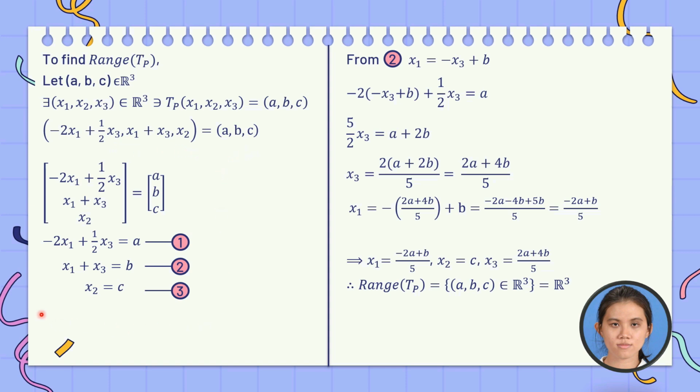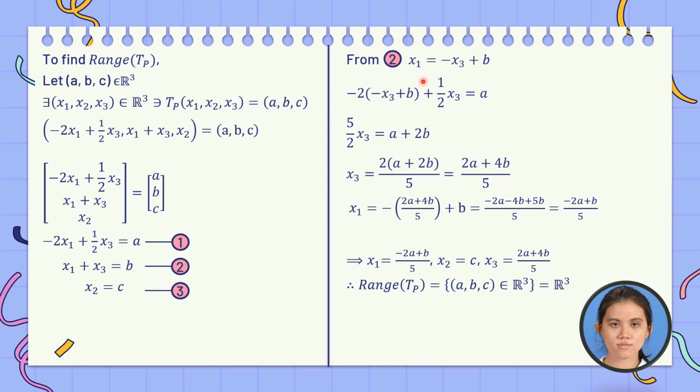Then we create a system of linear equations again, in which the first equation is negative 2x1 plus 1 over 2x3 equals a, x1 plus x3 equals b, x2 equals c.